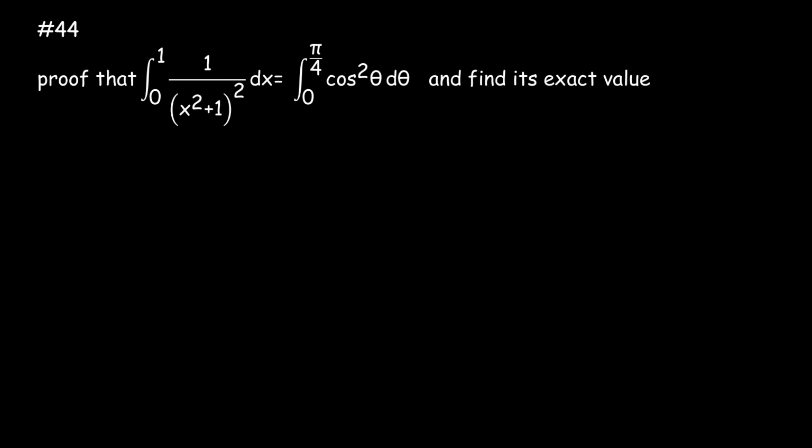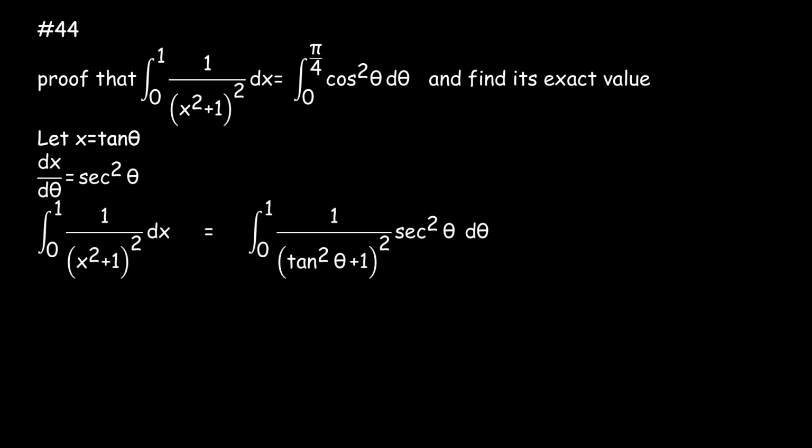So we notice that the limits change from 0 and 1 to 0 and pi over 4, right? So we can let x be equal to tan theta, since we have x squared plus 1 in the denominator. So if x is equal to tan theta, dx by d theta is sec squared theta.